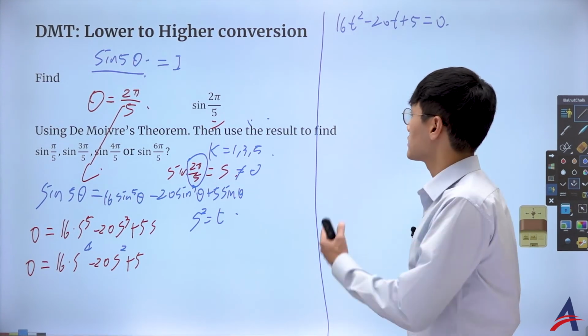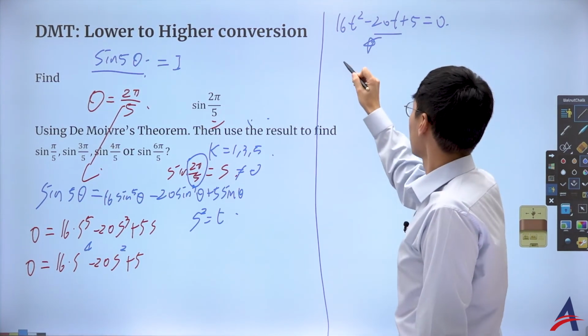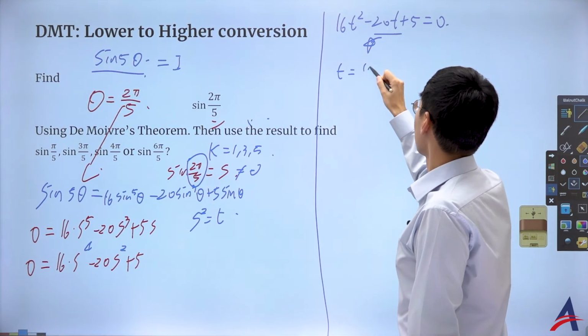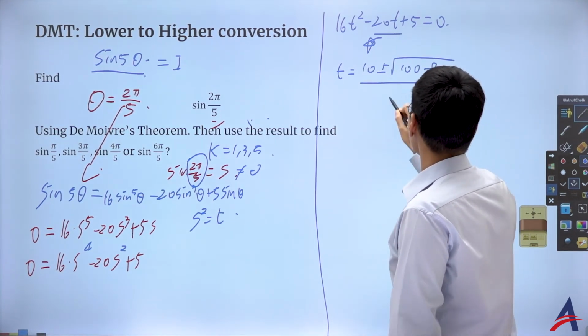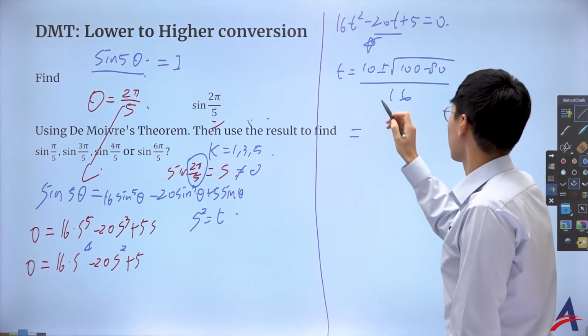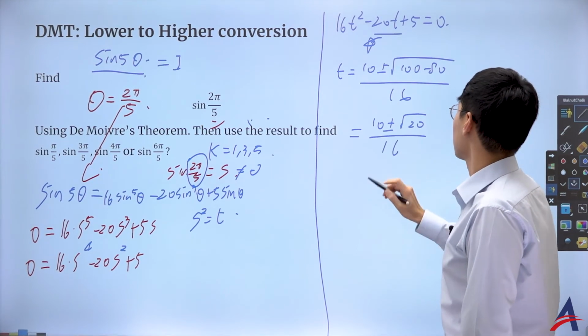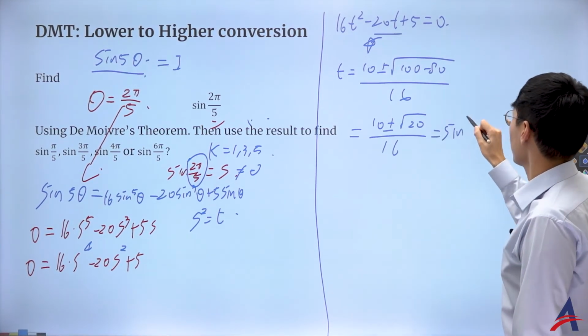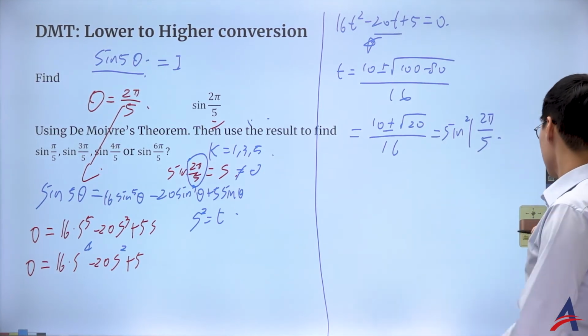If I use the reduced version of the quadratic formula, because I've got an even coefficient, t is going to be 10 plus or minus the square root of 100 minus 80, over 16. So I've got 10 plus or minus the square root of 20, over 16, and that was sine squared 2 pi over 5. That is great, right? Let's simplify further.